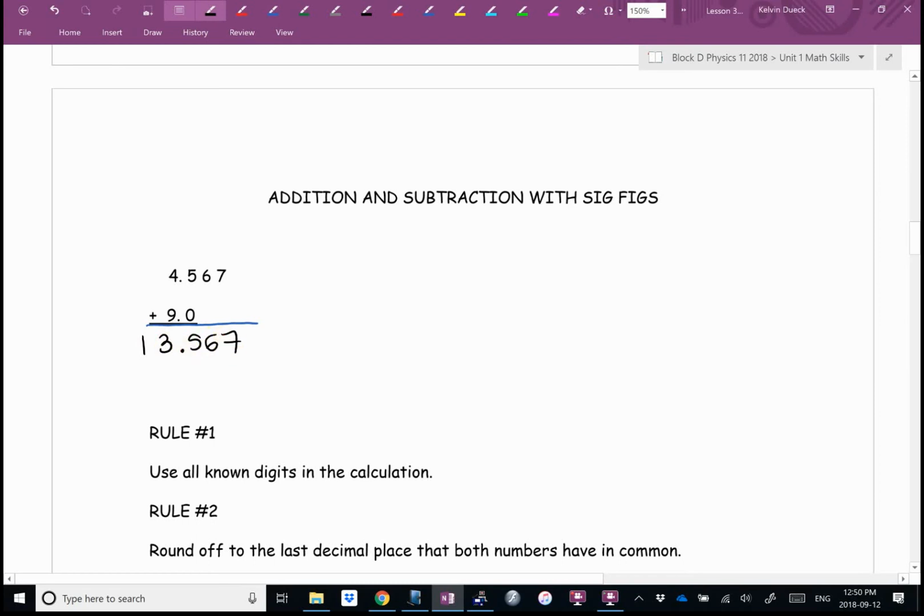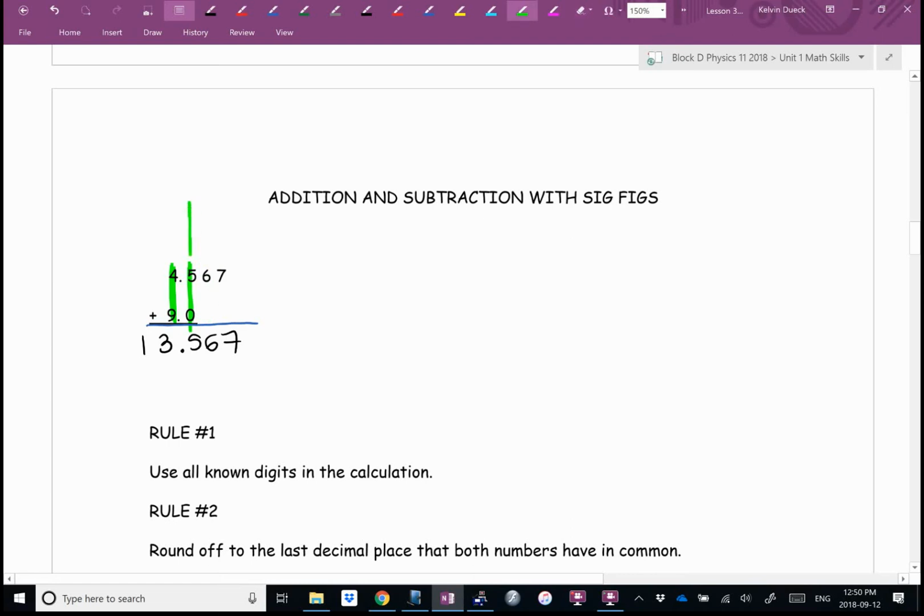The rule, Erica, for adding and subtracting has nothing to do with how many sig figs is in your original data. Instead, here's what you do. Do I know both of those numbers in that column? Say yes. Then I'm going to round to this column.